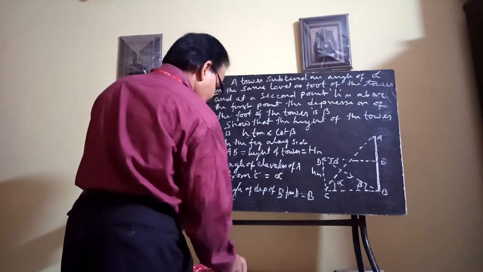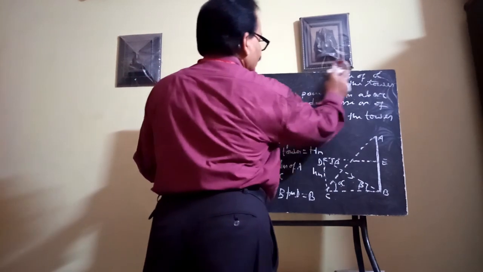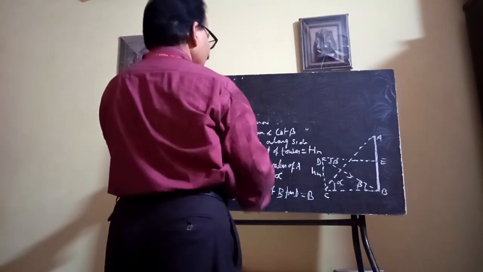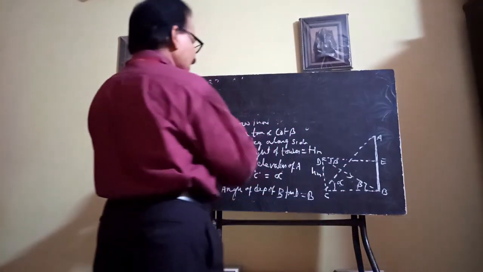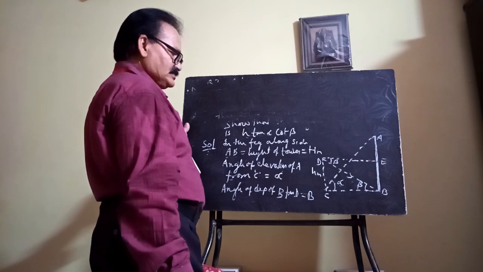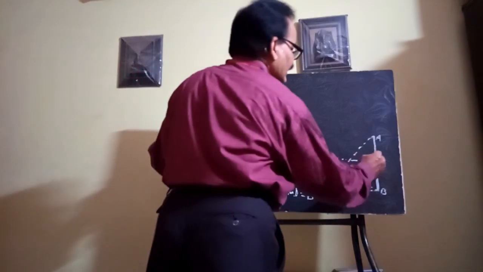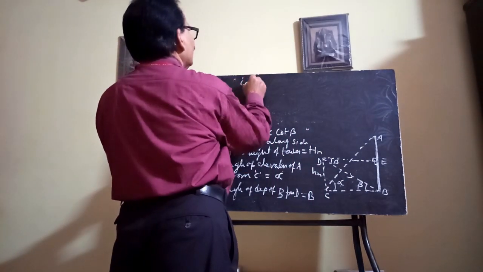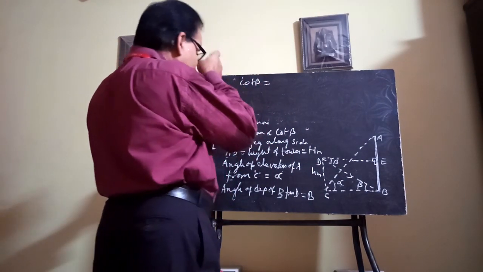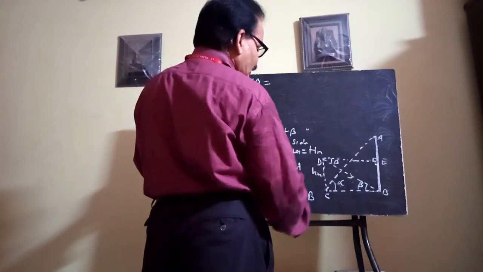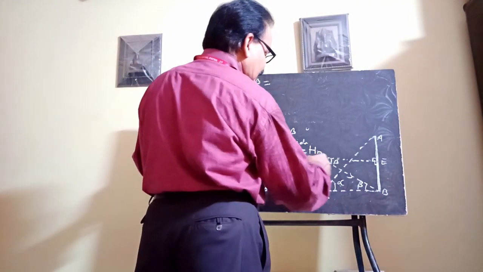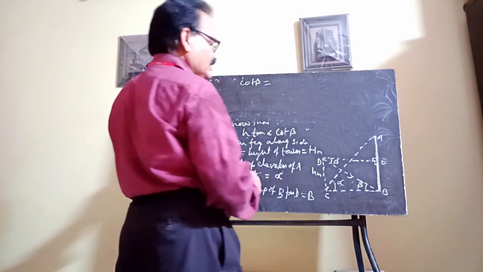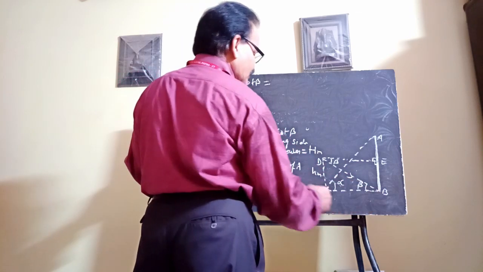Clear? So now you have to show that the height of the tower is h tan alpha cot beta. So let us find the value of cot beta. You know very well, consider the triangle BCD.